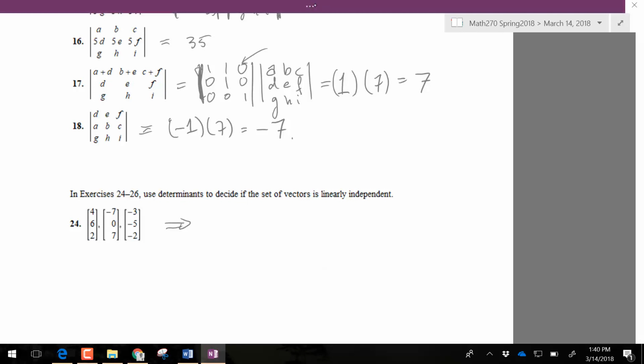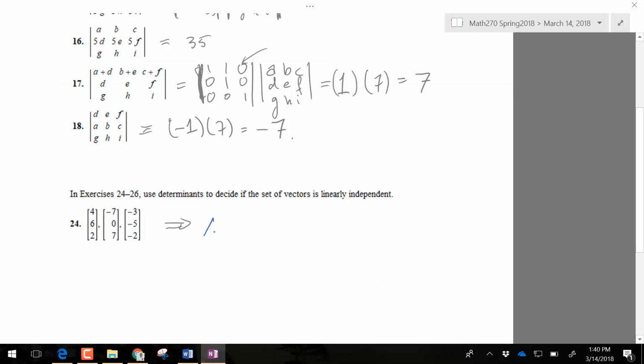So let's create our matrix A using these vectors as the columns. 4, 6, 2, -7, 0, 7, -3, -5, -2. And then let's just find the determinant of A. And we can expand on anything. I'd expand on the second column because there's a 0 right in the middle.